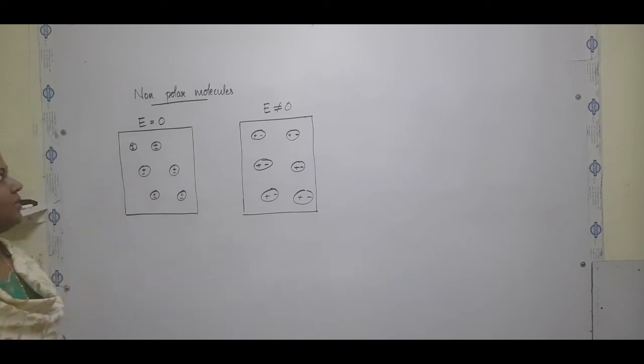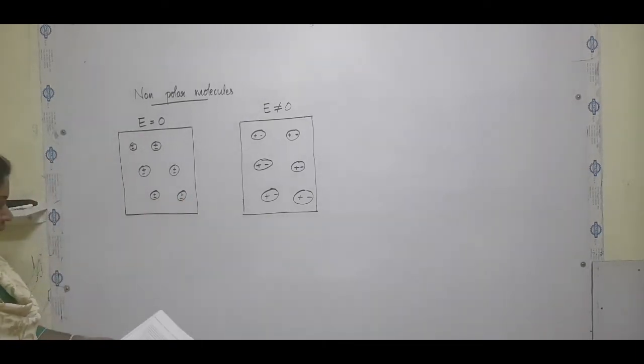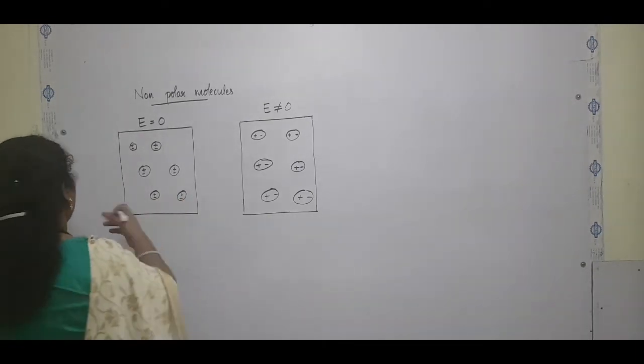So this is the case of a non-polar molecule when the electric field is not there and when the electric field is present. Now we will see the case of polar molecules.